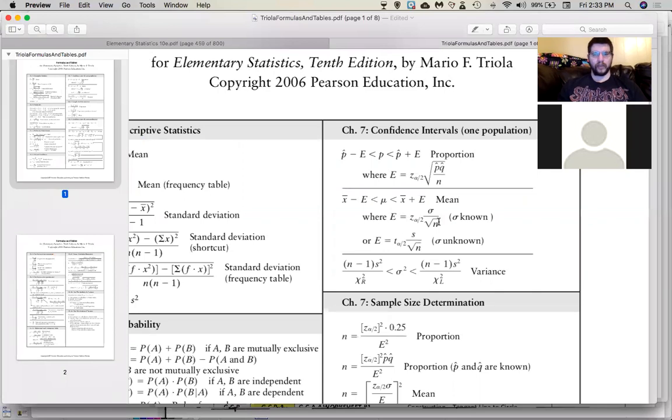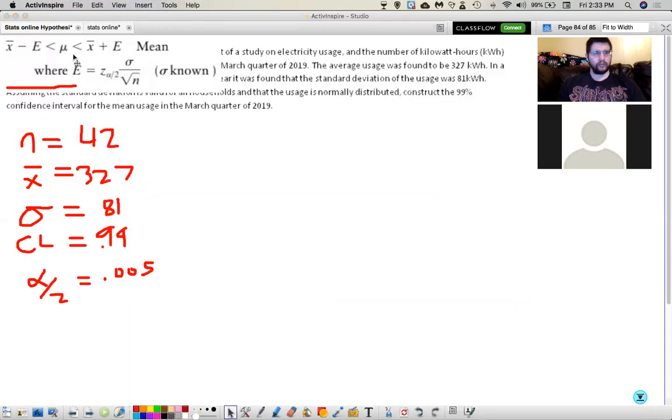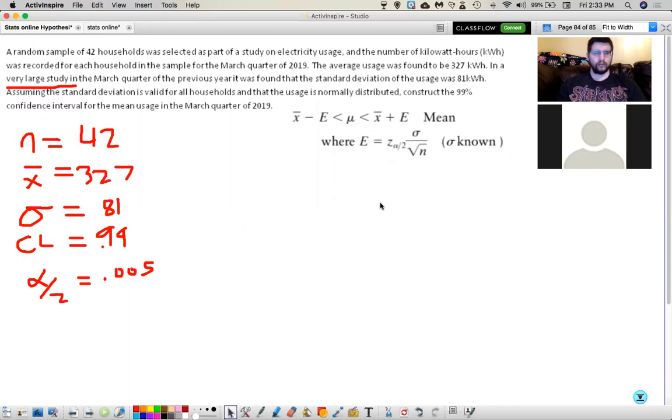We got confidence interval for the mean. Do we know sigma or do we not know sigma? We know sigma. Okay, so this is the formula we need.